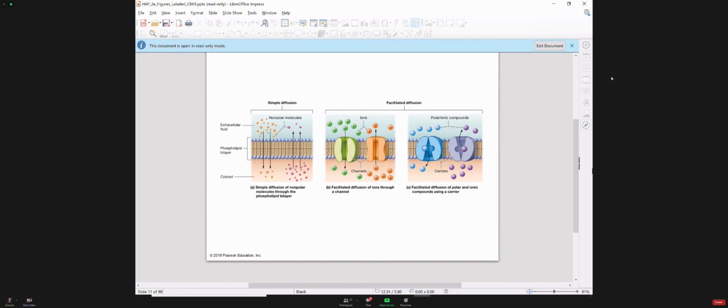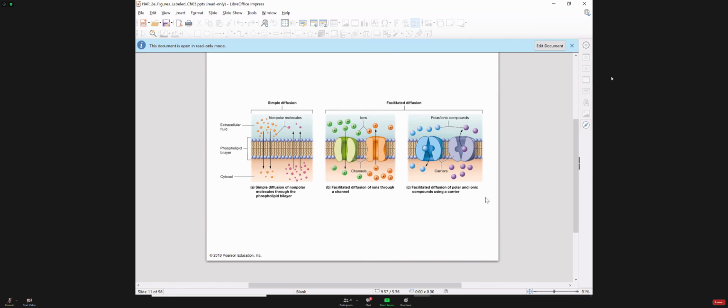So there are channels, which can be open constantly, and the diffusion happens through these channels. Other openings handle polar ionic compounds, which are moved with special carriers, or protein carriers. Remember, I was talking about the protein which attaches itself to the substance and helps it through the membrane.